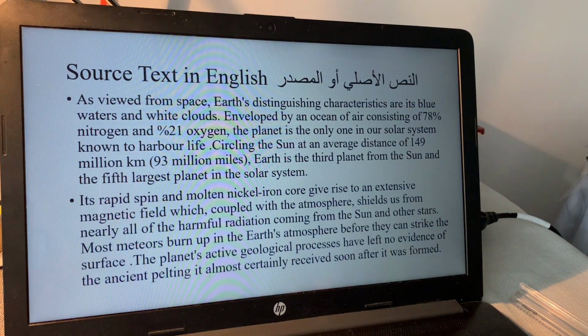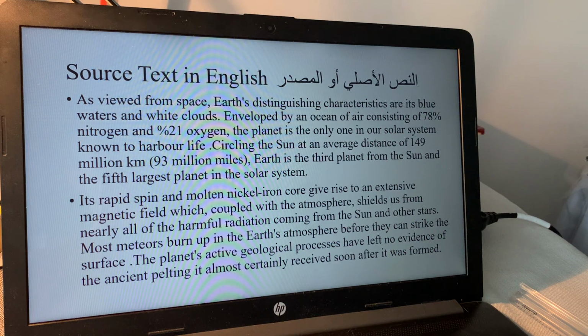The second part is its rapid spin and molten nickel iron core give rise to an extensive magnetic field, which, coupled with the atmosphere, shields us from nearly all of the harmful radiation coming from the sun and other stars. Most meteors burn up in the Earth's atmosphere before they can strike the surface.